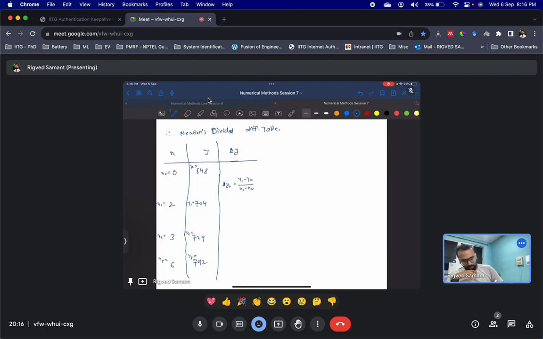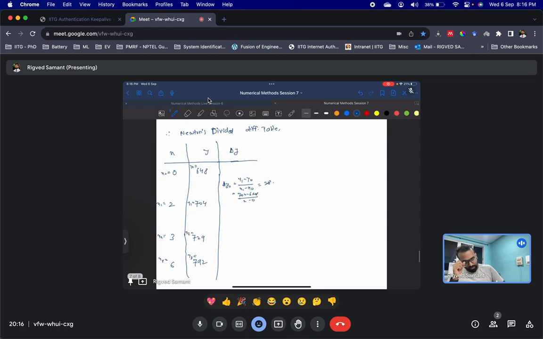So here we are dividing with these values. So it is 704 minus 648 divided by 2 minus 0. So basically you will get a value as 28.